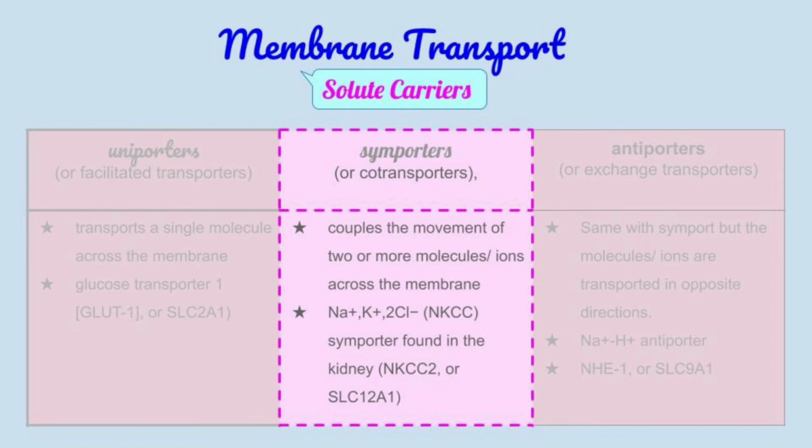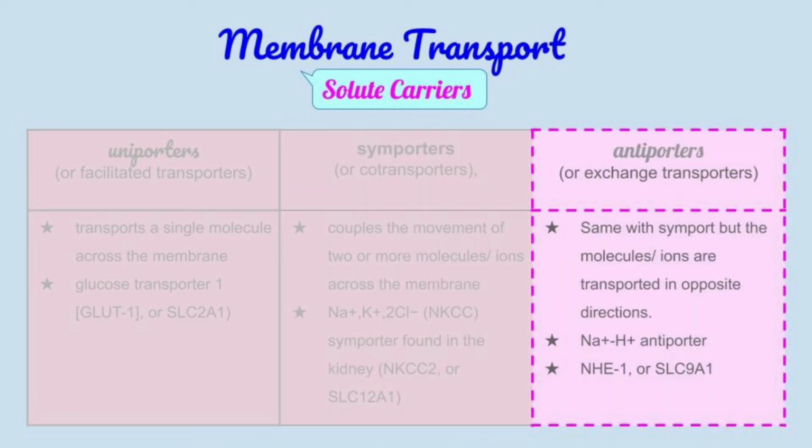The symporters, or the cotransporters, are the second group that couples the movement of two or more molecules or ions across the membrane. They are also transported in the same direction. An example of this is the sodium-potassium-chloride symporter found in the kidneys, which is crucial for diluting and concentrating the urine.